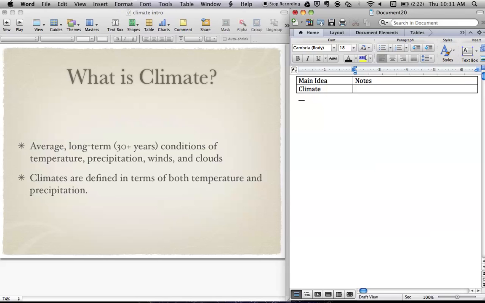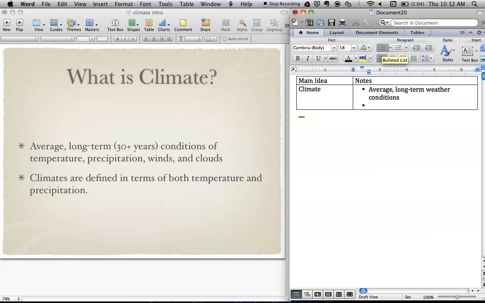Basically, it's the average weather in an area. Weather is short-term, climate is long-term. So climate we can define in our notes as the average long-term weather conditions.